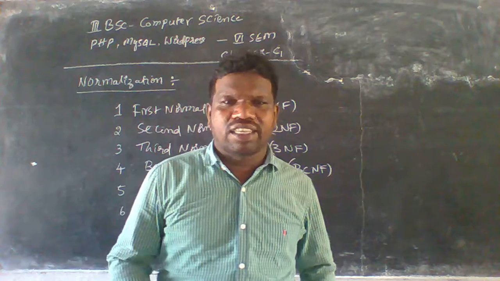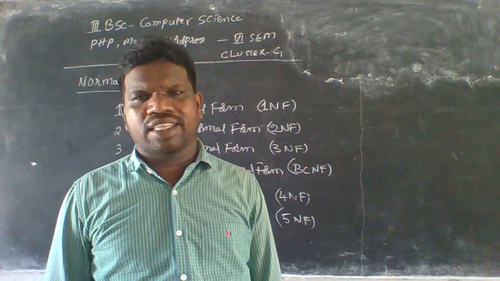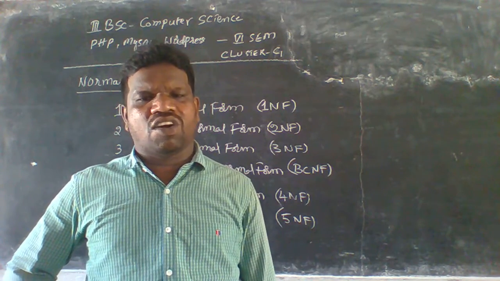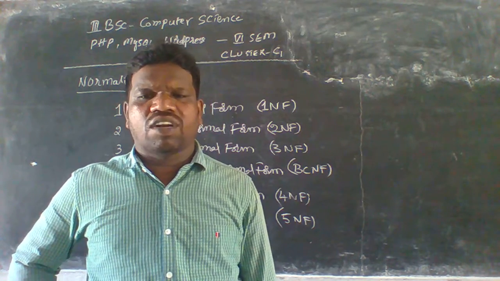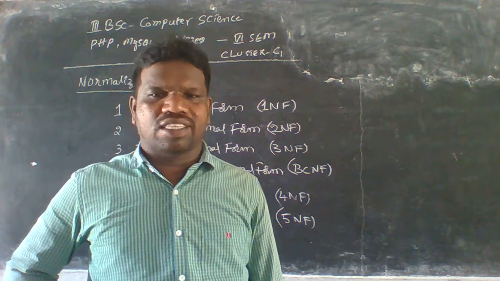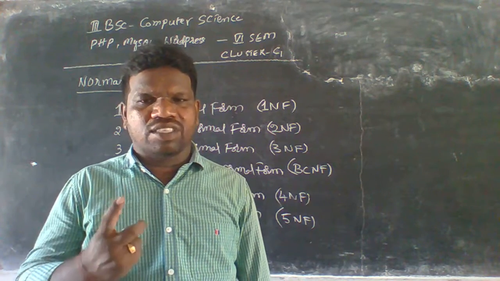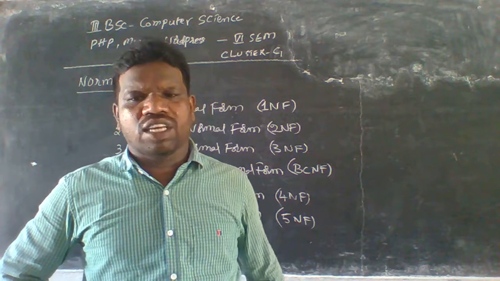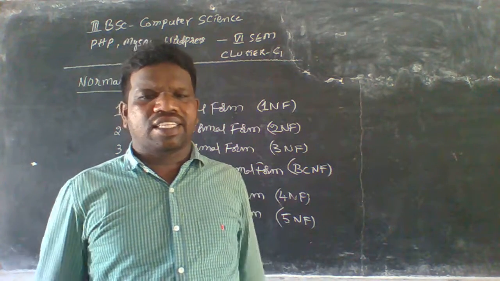Normalization increases the clarity and organization of the data in the database. Normalization of the database is achieved by a set of rules called forms when creating the database.